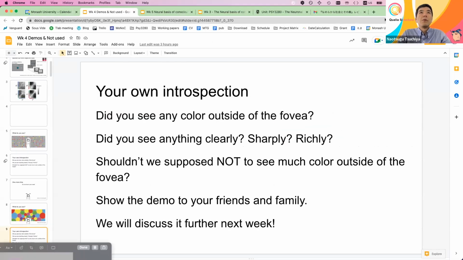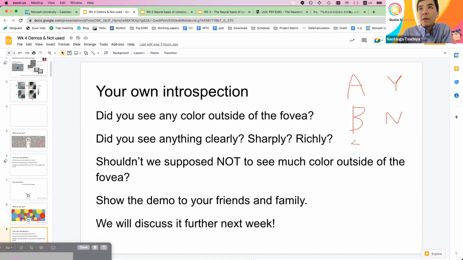So, okay, let's take the poll. This is an introspection question. Did you see any color outside of the fovea? A, yes, clearly. B, no color at all.